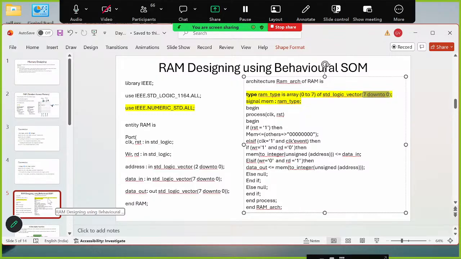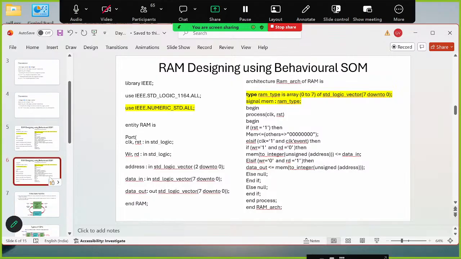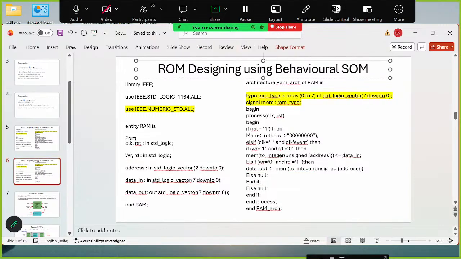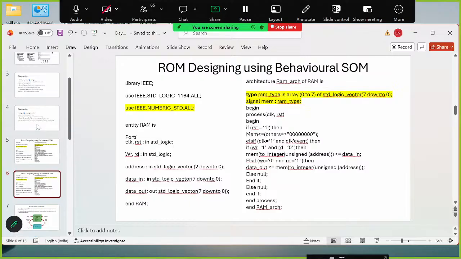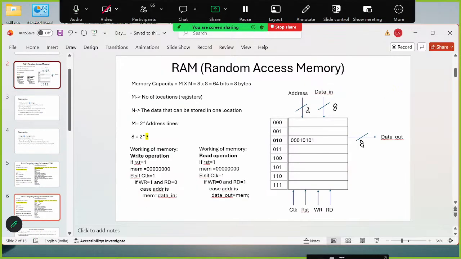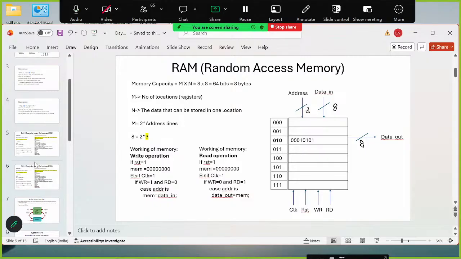If it is clear, I'm giving an assignment using the same concept. You need to design a ROM. Suppose I want to design a ROM. In ROM, what would be there?